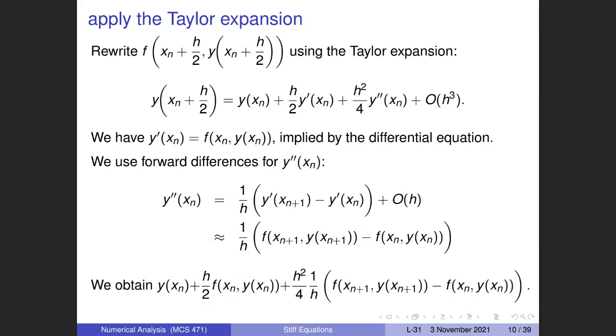All right, let's now see how this gets applied in the context of a three-stage Runge-Kutta method, which will use one extra function evaluation.